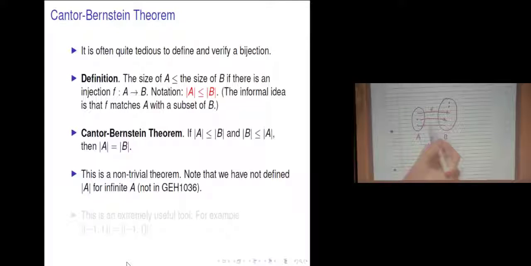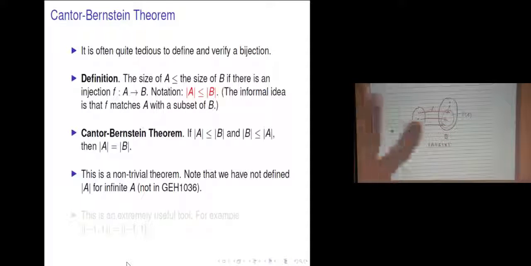Because you only have an injection, you may miss points in B, since it's not a surjection. So you only map A with a subset of B, its range f of A. So the size of A is smaller or equal to B. Okay, so this is the intuition.